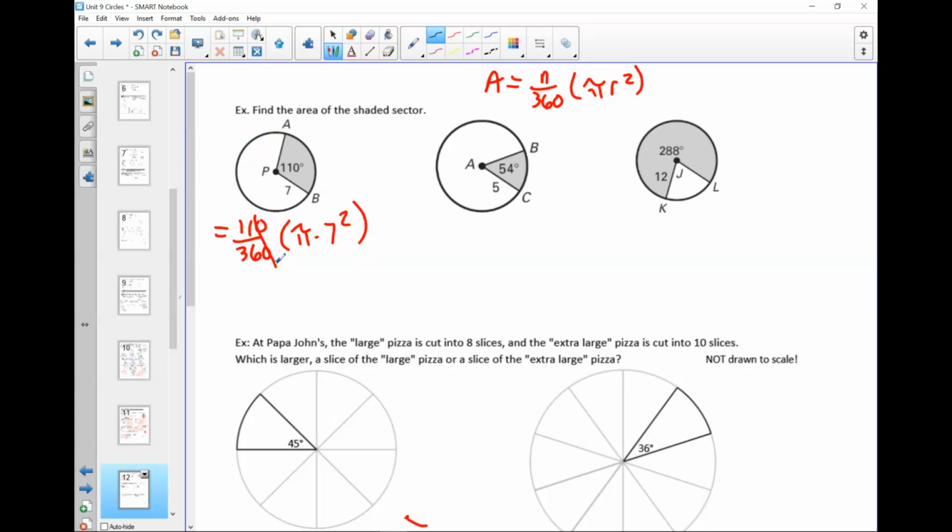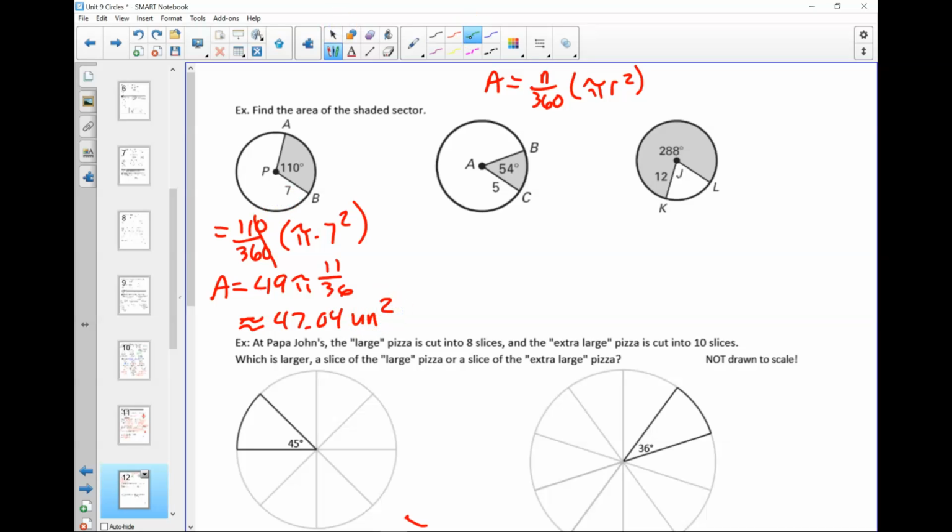Okay? So area will equal 49 pi times 11 over 36, which is approximately 47.04 units squared.